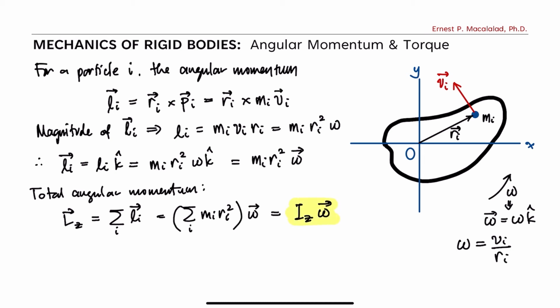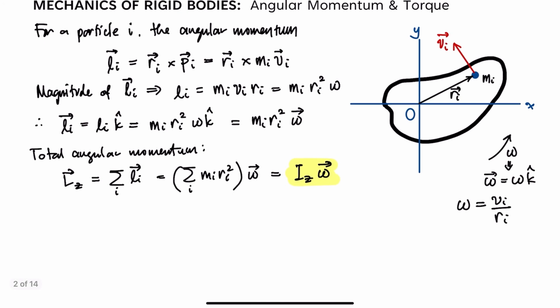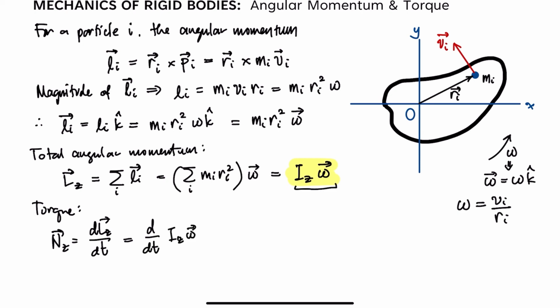Now we already know that the total torque exerted on an object is the rate of change of its angular momentum with respect to time. And this is for any system that rotates about the z-axis. By definition, this is equal to the total derivative with respect to time of this expression, Iz omega.